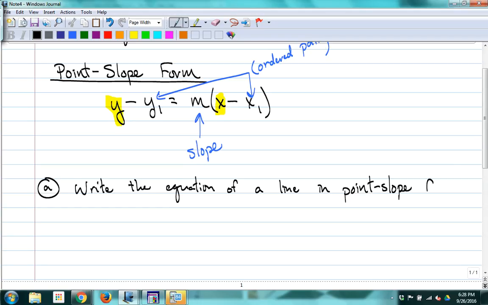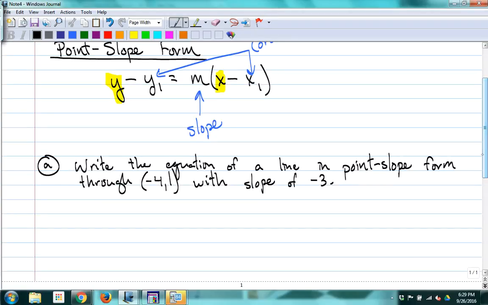Point slope form through, and here's the ordered pair given to you, -4, 1, with slope of -3.